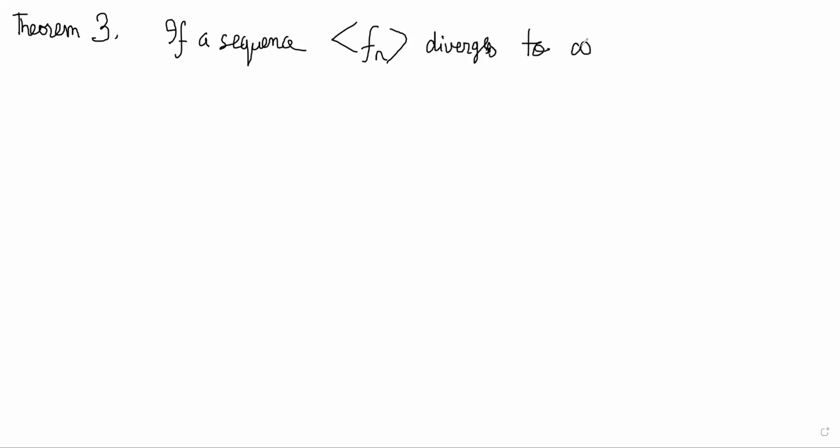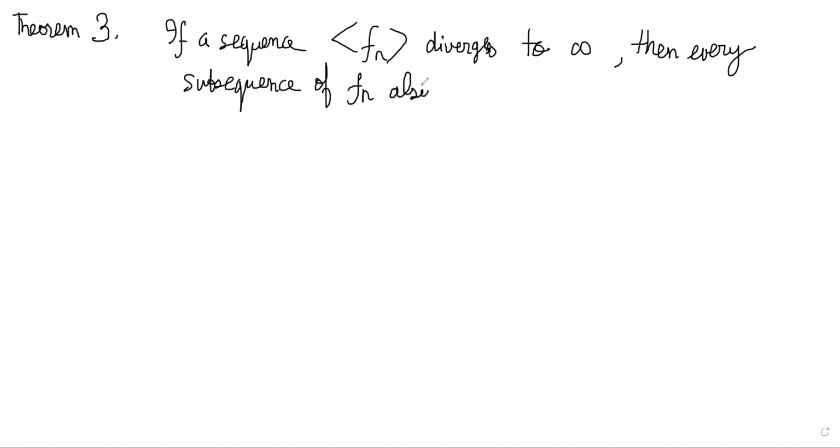The next one: if a sequence Fn diverges to infinity, then every subsequence of Fn also diverges to infinity.